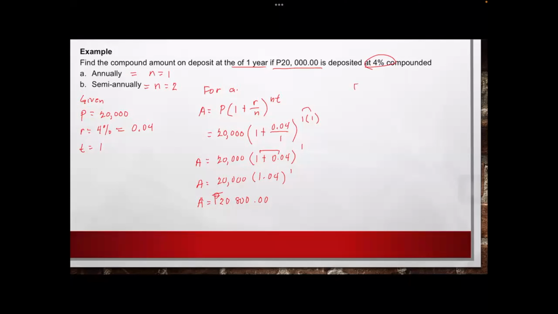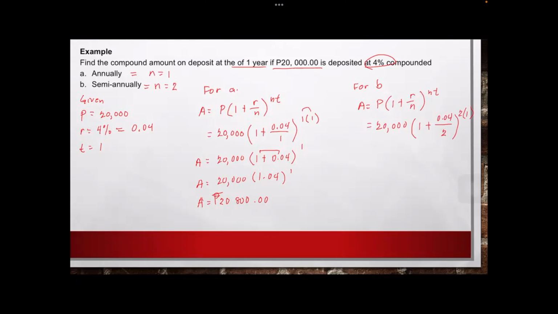Next, for letter B. The same formula, A equals P times (1 plus R over N) raised to NT. Then substitute lang natin, this will be 20,000 times (1 plus 0.04 over 2), kasi yung N natin ay 2, raised to 2 times 1.